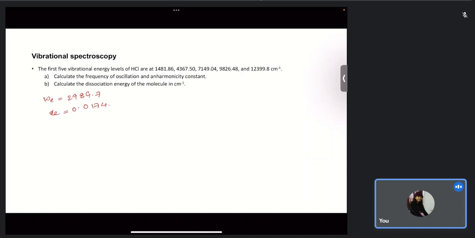Now we have been asked to find what is the dissociation energy for the molecule. So what does it mean by dissociation energy? For an anharmonic oscillator, if you are looking at a molecule, M1, M2, which undergoes an anharmonic oscillation with the zero point energy, V is equal to 1, V is equal to 2, 3, 4, things like that.